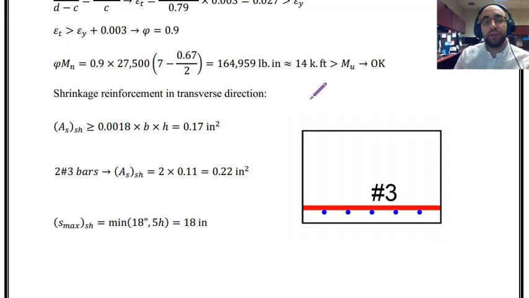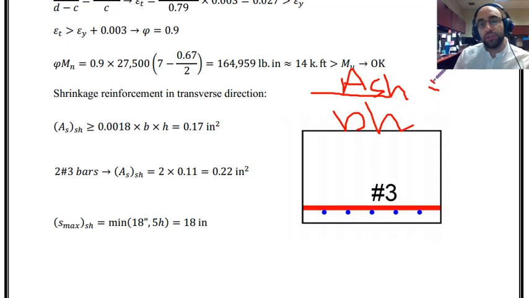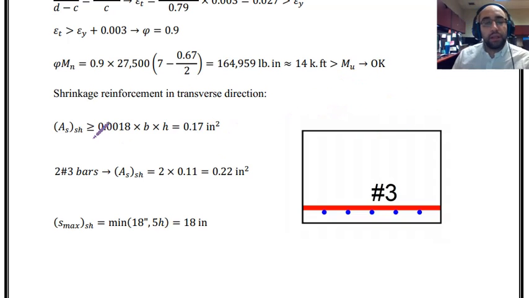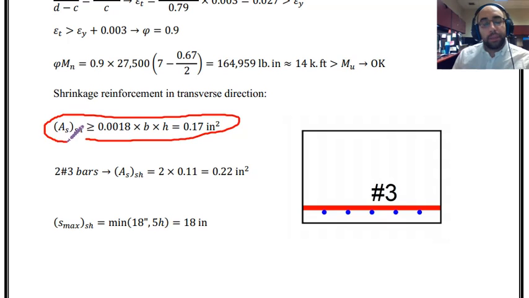When it is talking about the ratio, it is talking about the area of shrinkage reinforcement over bh. This should be greater than 0.0018. So that's how I usually find the reinforcement.